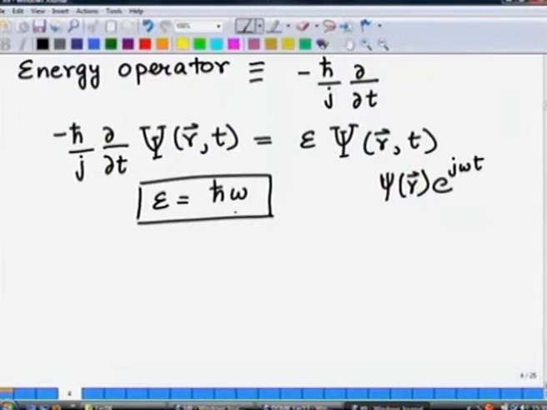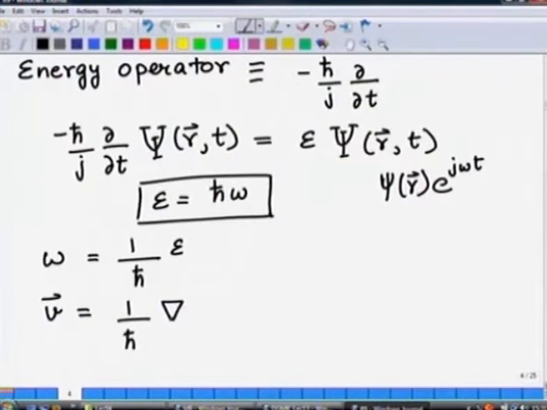That means omega is 1 over h bar of energy, and therefore the average velocity, the group velocity, would be equal to 1 by h bar of the gradient of energy with respect to k.